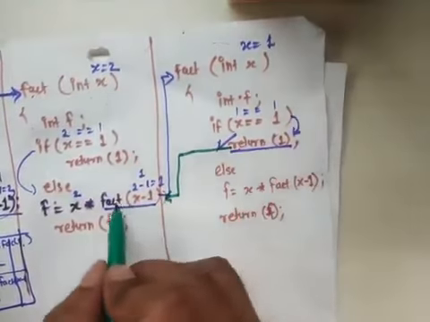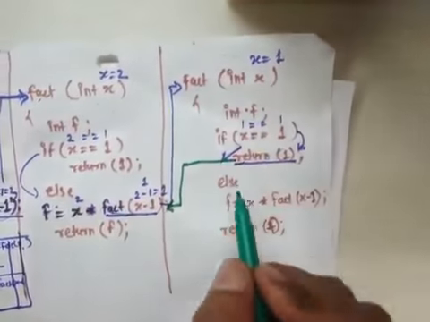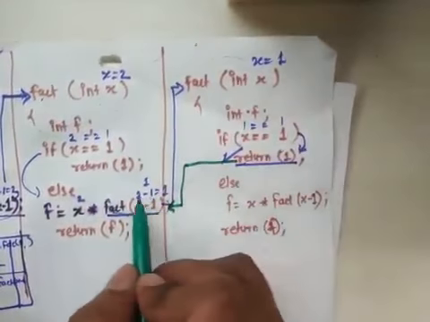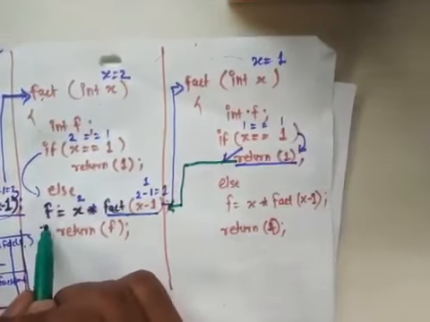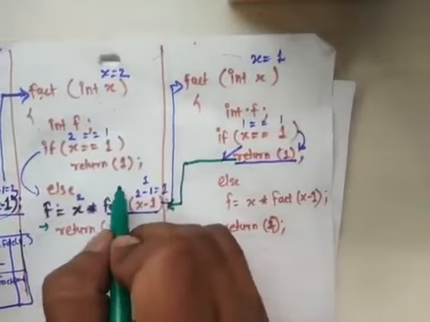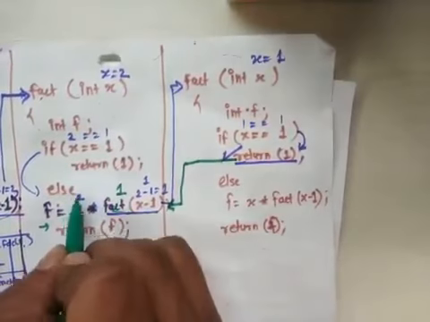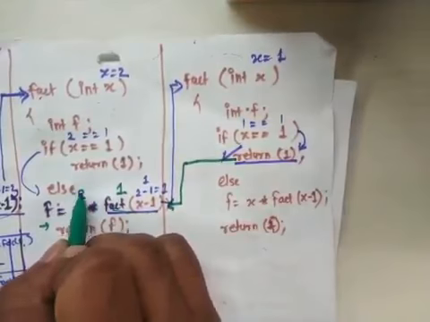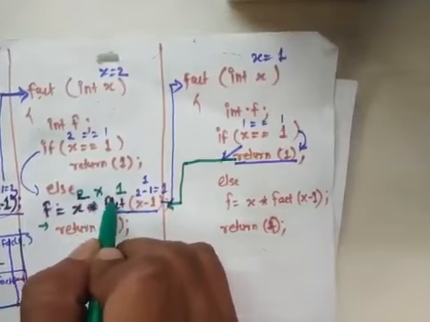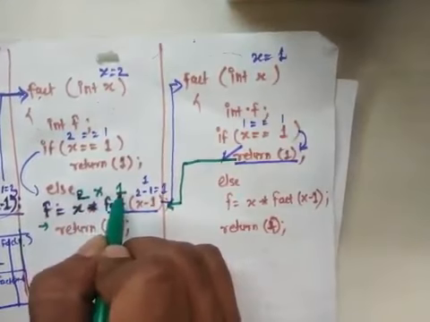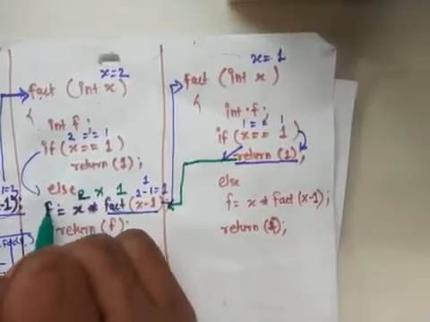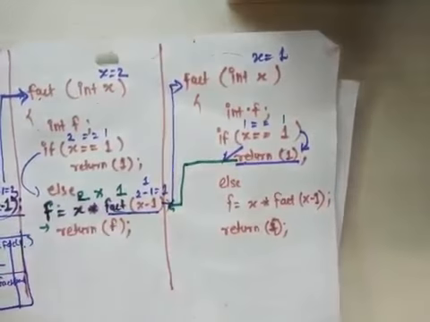So basically this factorial function returns value 1 to this expression. So here we get 1 and we already have the x value, that is 2. 1 into 2, that is 2. So now 2 is assigned to f.